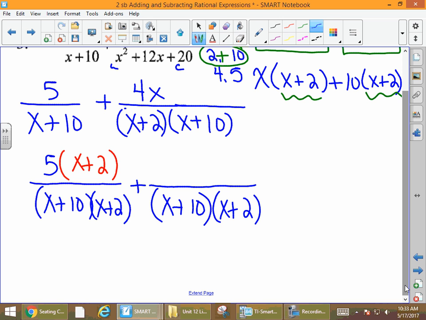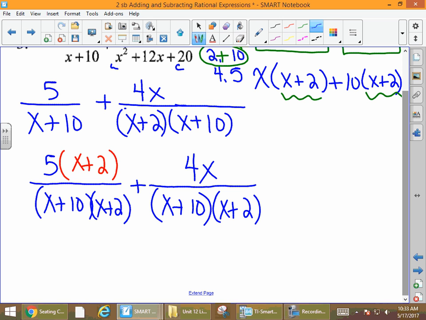In our next fraction, we had an x plus 2 in the denominator. We have an x plus 10 in the denominator. We didn't put anything into the denominator, so we don't have to put anything into the numerator. We just need to keep it as is. Keep the fraction like it was.